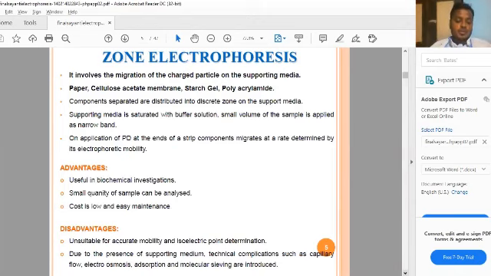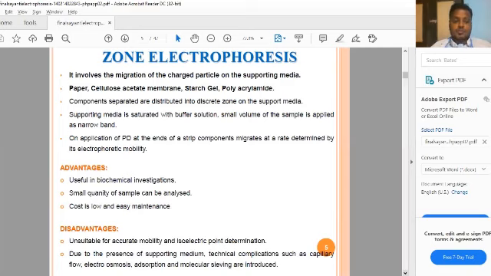The compounds separate and are distributed into discrete zones on the supporting medium, which is saturated with the buffer solution. A small volume of sample is applied in a narrow band, and on application of voltage to the ends of the strip, the components migrate as determined by their electrophoretic mobility.